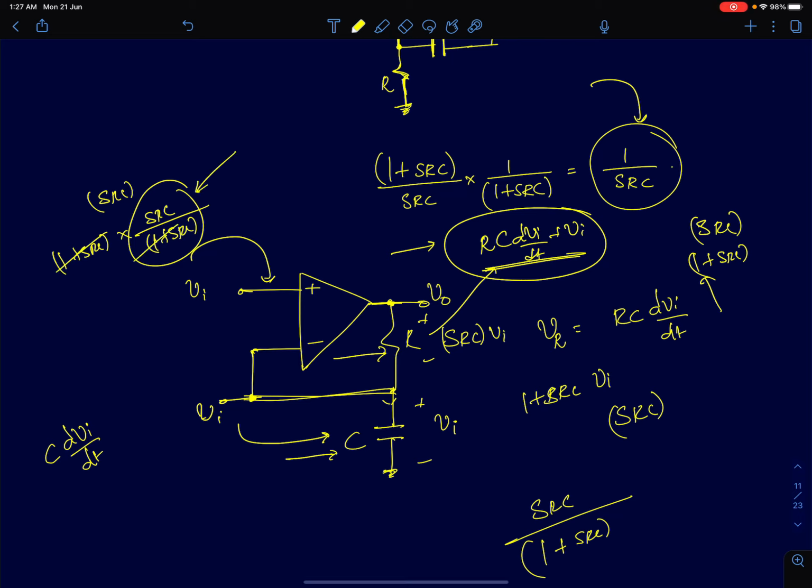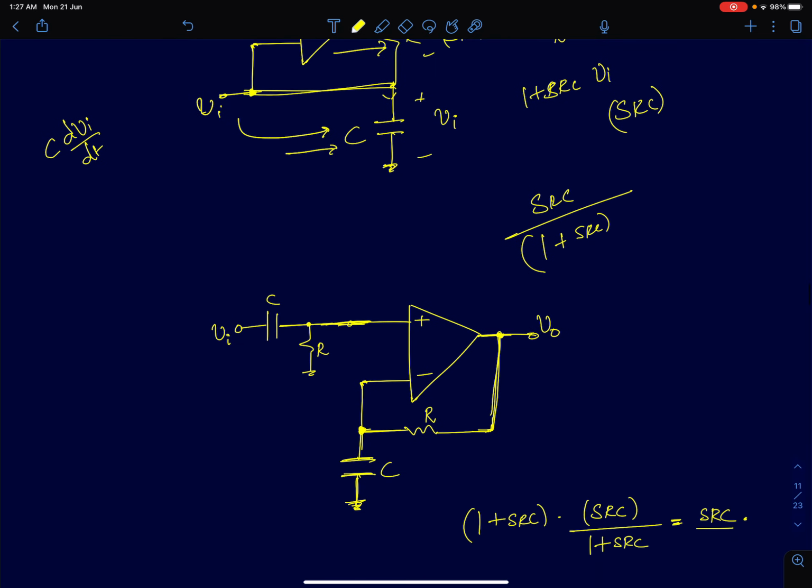Then the product of these two will give me an ideal differentiation. And this transfer function of SRC by 1 plus SRC can be readily realized using a first order high pass RC filter. So here what we have gotten is a non-inverting differentiator using just one op-amp and passive components.